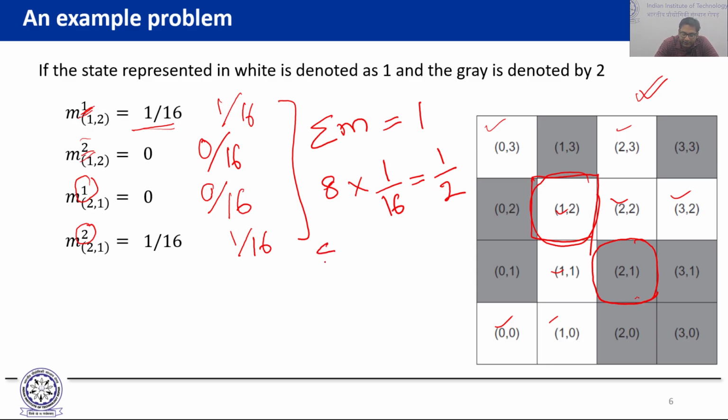Since you have got 8 white cells out of a total of 16, the number of gray cells is also going to be 8, and therefore the sum of probabilities for all of the gray cells is also going to be 8 times 1 over 16, so that is half, and therefore the sum of this entire microstructure function is going to be half plus half. In other words, it is going to be 1.